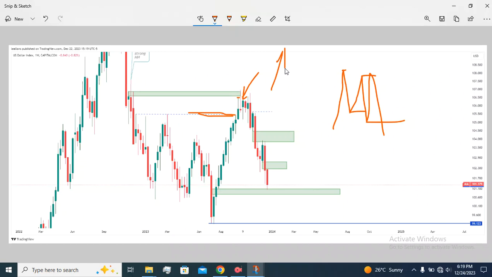The market is still going up. But what you can see after this manipulation, this market now reversed. It made a reversal. You can see after this manipulation, it created this high right here.